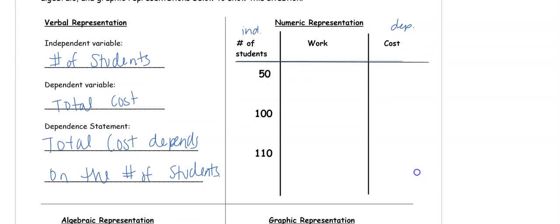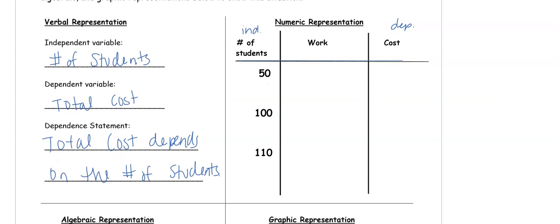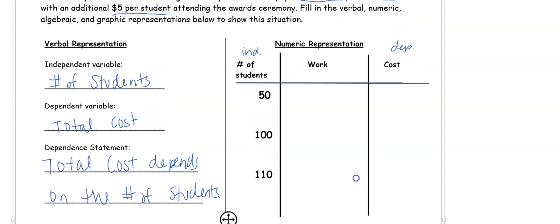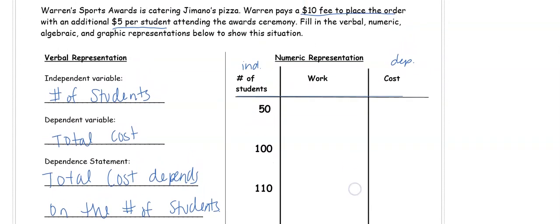So here's our numeric representation. If 50 students come, 100 or 110, how could I figure out the cost? Okay, so to order the pizza, it's a $10 fee plus $5 per student showing up. Okay, if we say this is 50, you're gonna have to bear with me. I don't have my calculator here with me, so I'm gonna have to do this in my head.